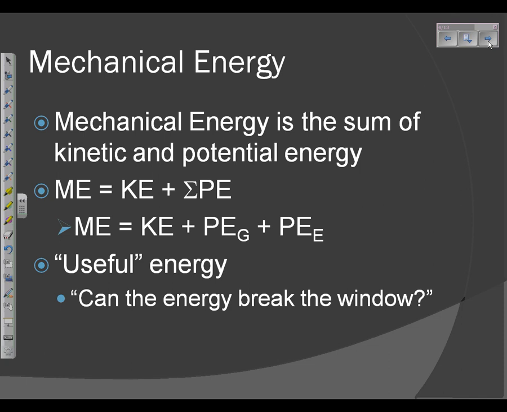So when we look at all of those things together, then we're talking about total energy. Mechanical energy is just one form of energy, but it's the kind that we deal with on a regular basis. All right.